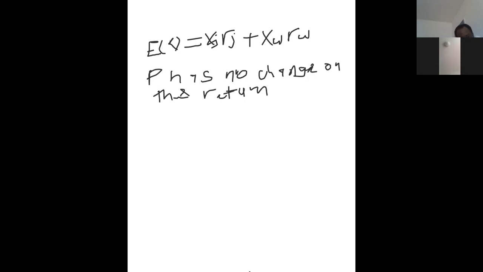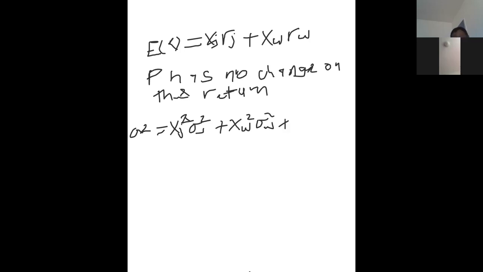Now the next one is, would the volatility rise or fall? So what's the formula for the volatility? Variance equals X_J squared multiplied by the variance of J plus X_W squared multiplied by the variance of W plus 2.